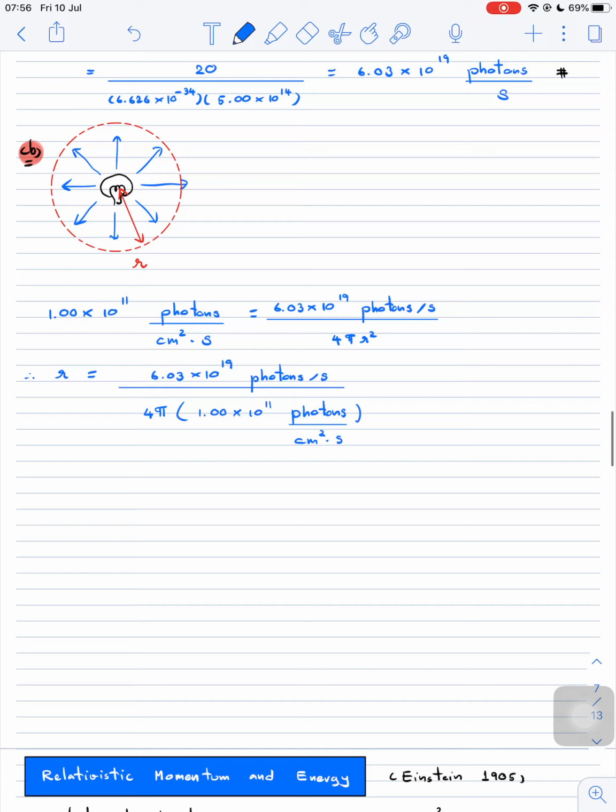And then finally we take the square root here.